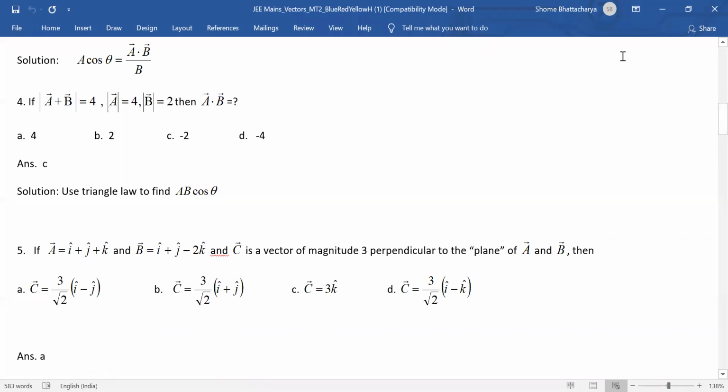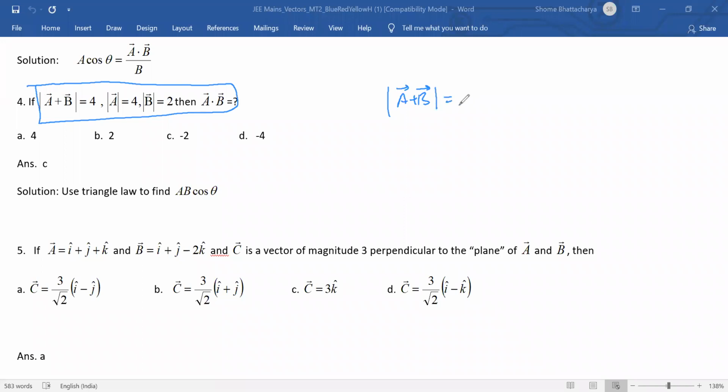Now, fourth and fifth question, go through it. In this question, this is given, so you can just use this relation, A plus B. I'll tell you a trick that you can use at exam level.